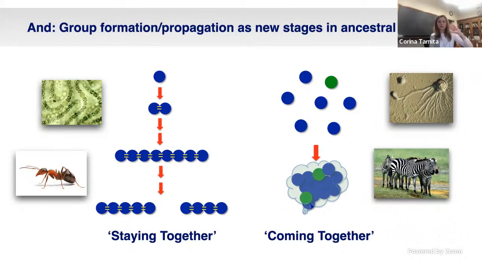And this is very much the analog of the ants, because instead of thinking of them as little groups of ants, we can think of those as simple growing filaments. The other way of doing it is via this coming together or aggregative development, where you have individuals that stick to each other. So now we have an ancestor that is able to live in its environment and solve a problem. And then we have two ways of possibly constructing groups.